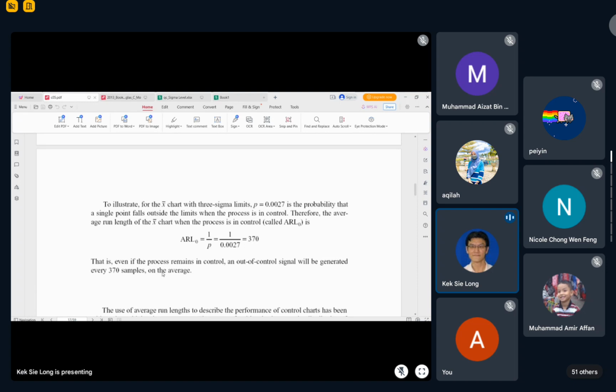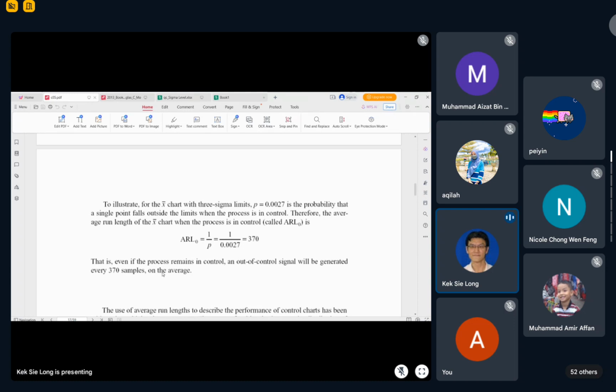This is what I have mentioned to you. When we plot the control chart, we cannot make sure it is always in control. We just do not know when we will find one point out of the control limit.